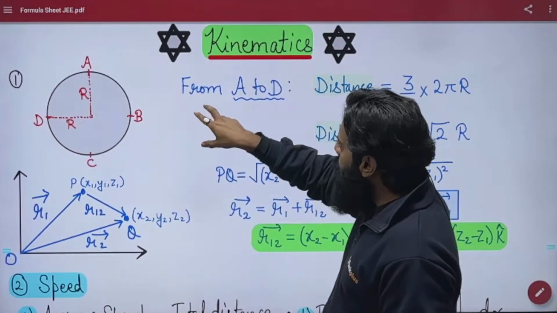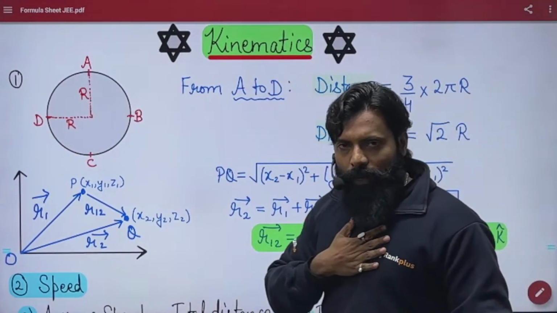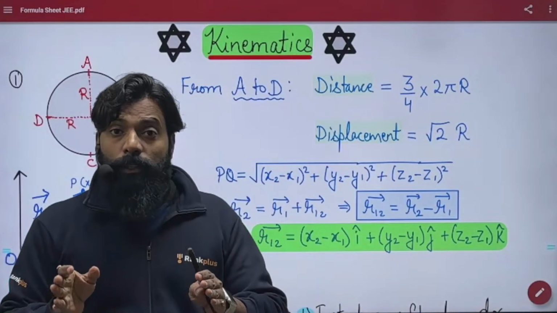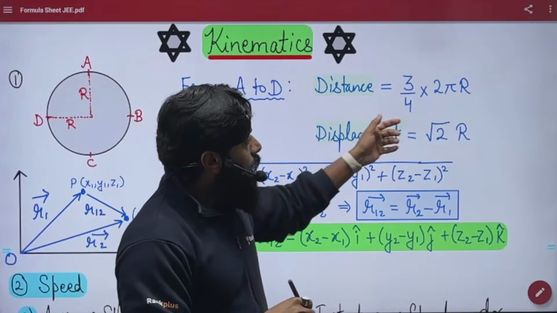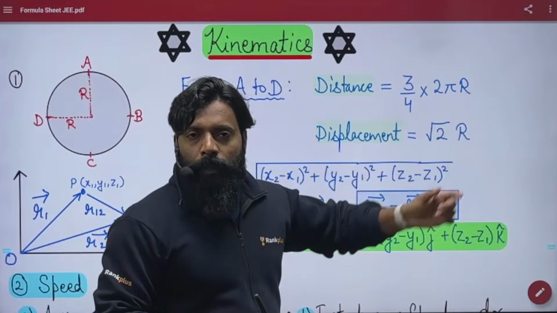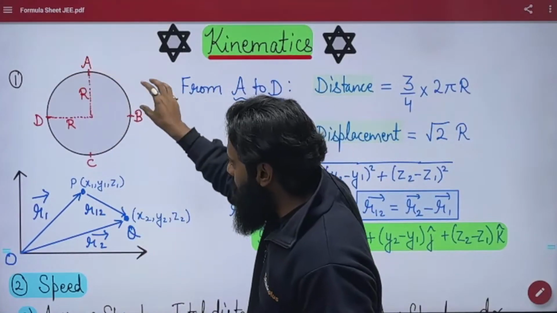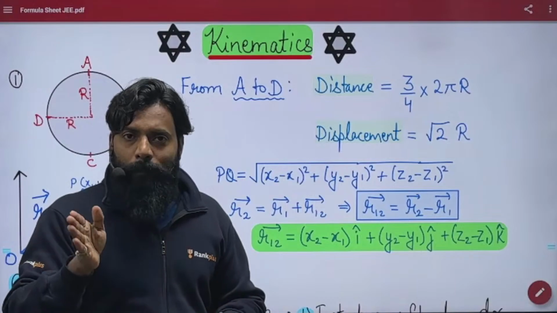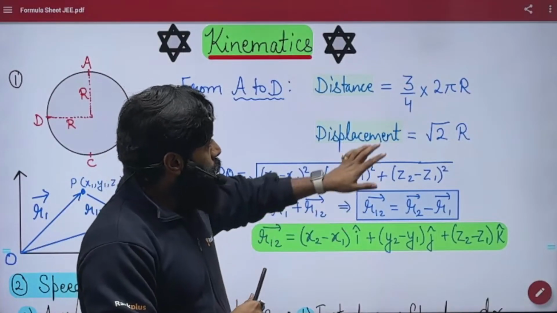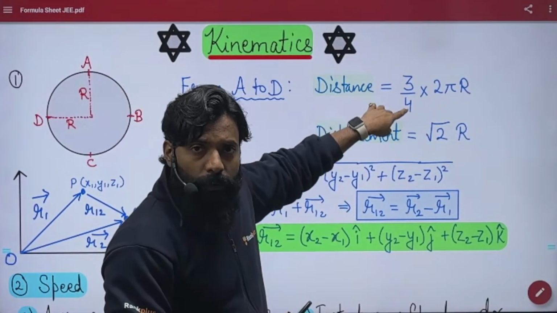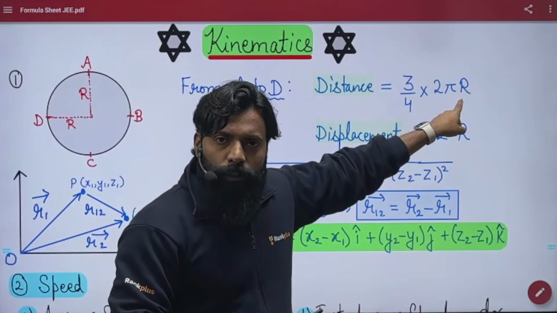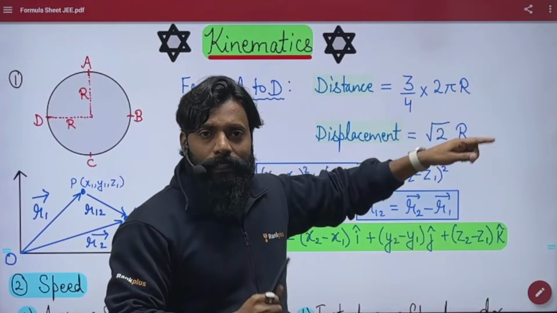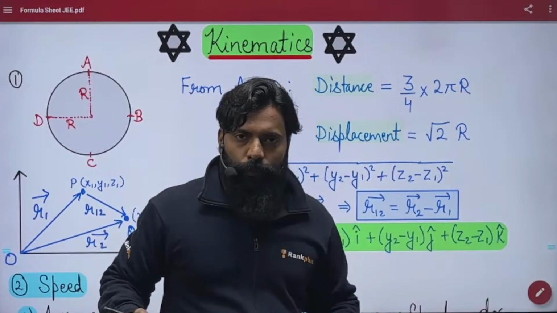So from A to D, the distance will be a multiple of the circumference. If I am moving in a circular path from A to D, I am covering 3/4 of the circle. So you can keep this as 3/4 into 2 pi r, because 2 pi r is the distance of the complete circle, which is the circumference.